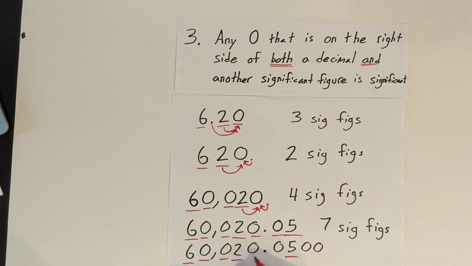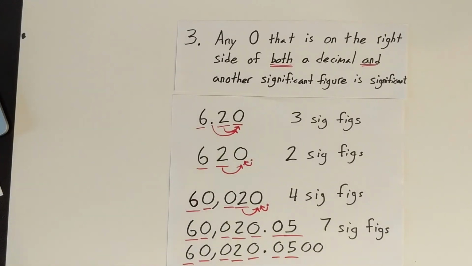And we said last time these are all significant because they're in between our significant figures. And then we have these 2 zeros over here that we don't know of, but they're both to the right of a significant figure, and they are both to the right of the decimal. So they are both considered significant figures. So 1, 2, 3, 4, 5, 6, 7, 8, 9.